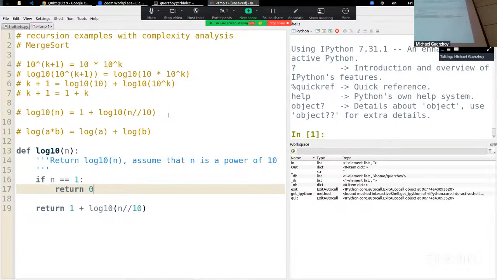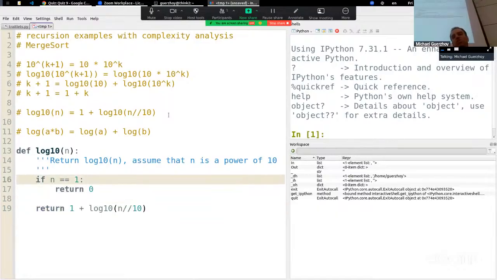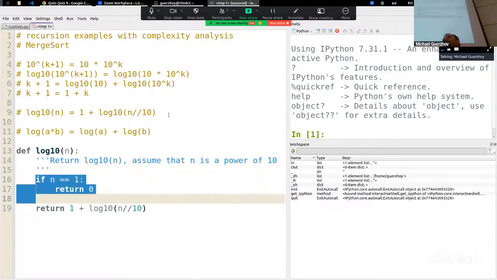Make sense? So again, we have this mathematical property where log 10 of n is equal to this, and then we have the base case, which is that log 10 of 1 is 0. So we know the answer right away. Make sense?